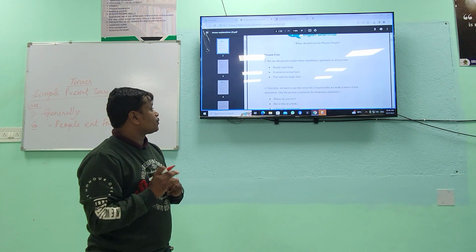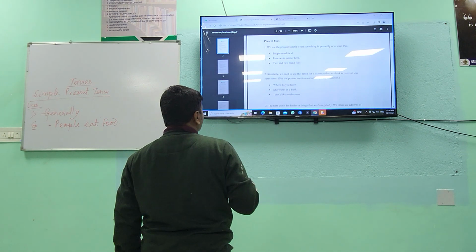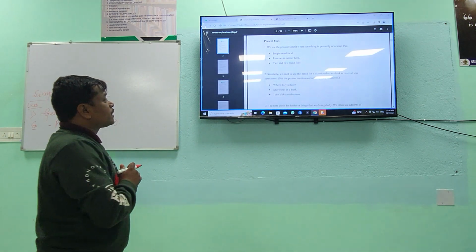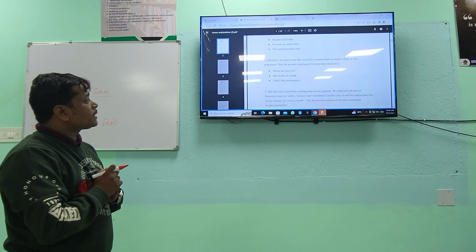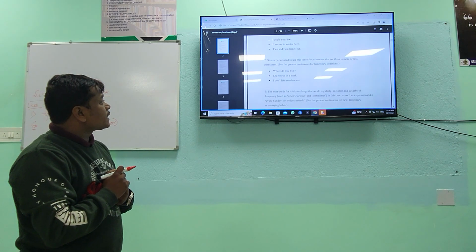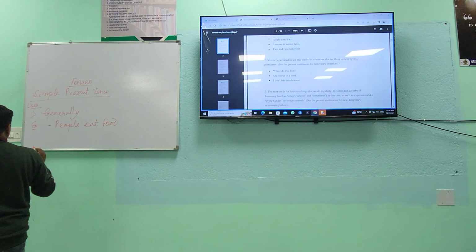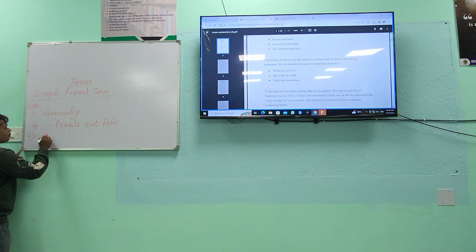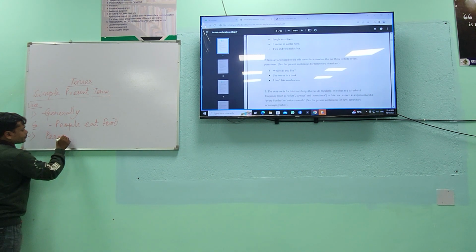These are general uses. Then the second one is, we use this simple present tense for a situation that we think is more or less permanent. So, permanent situation.